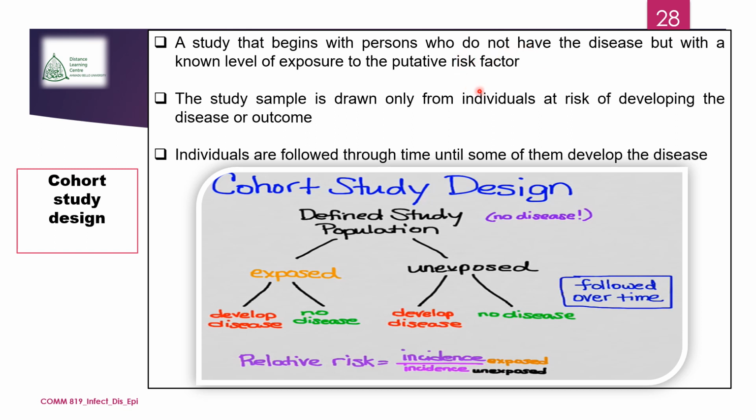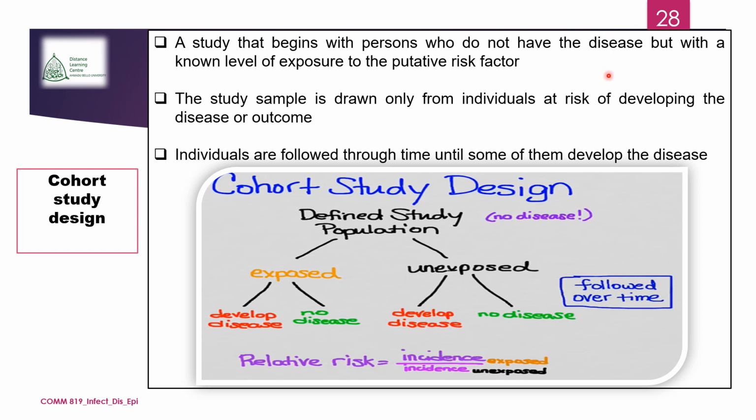So your subjects don't have the disease, unlike in case control, where the cases have already established the disease. But in the case of cohort, the disease is not there.